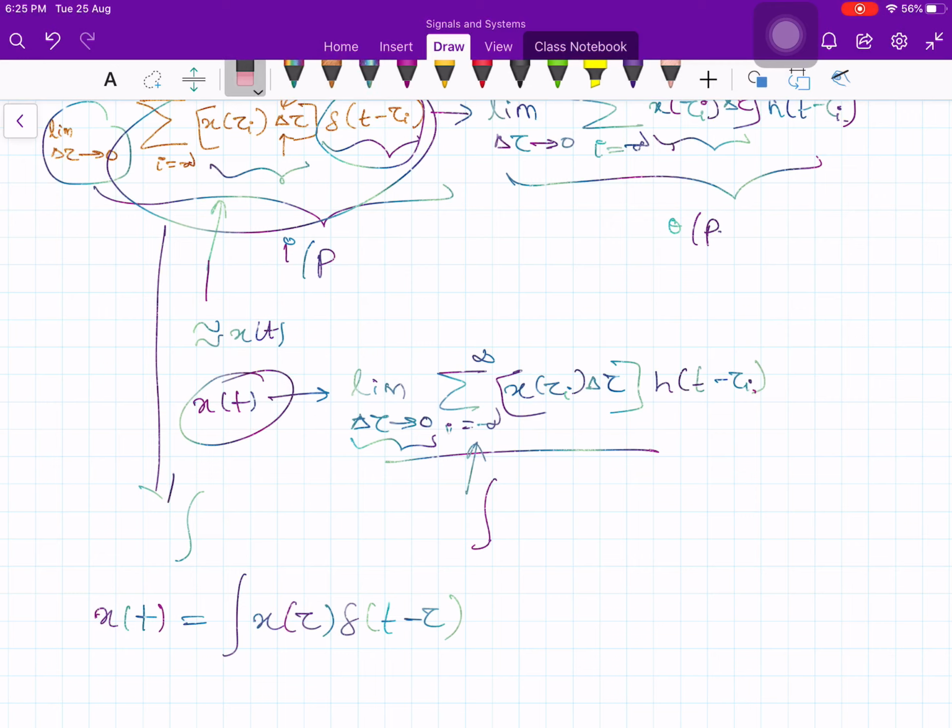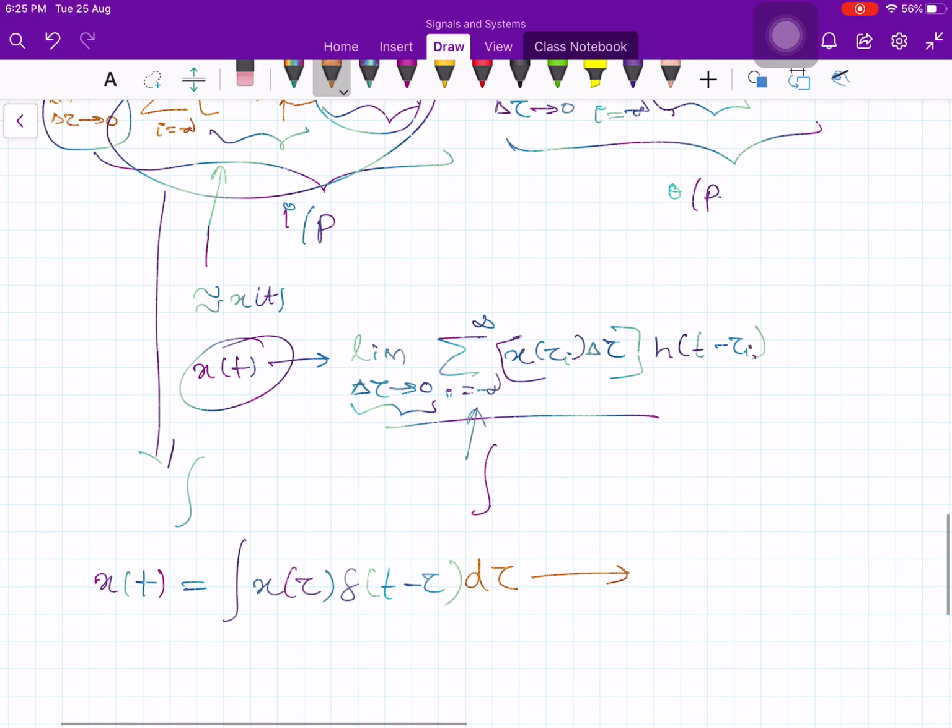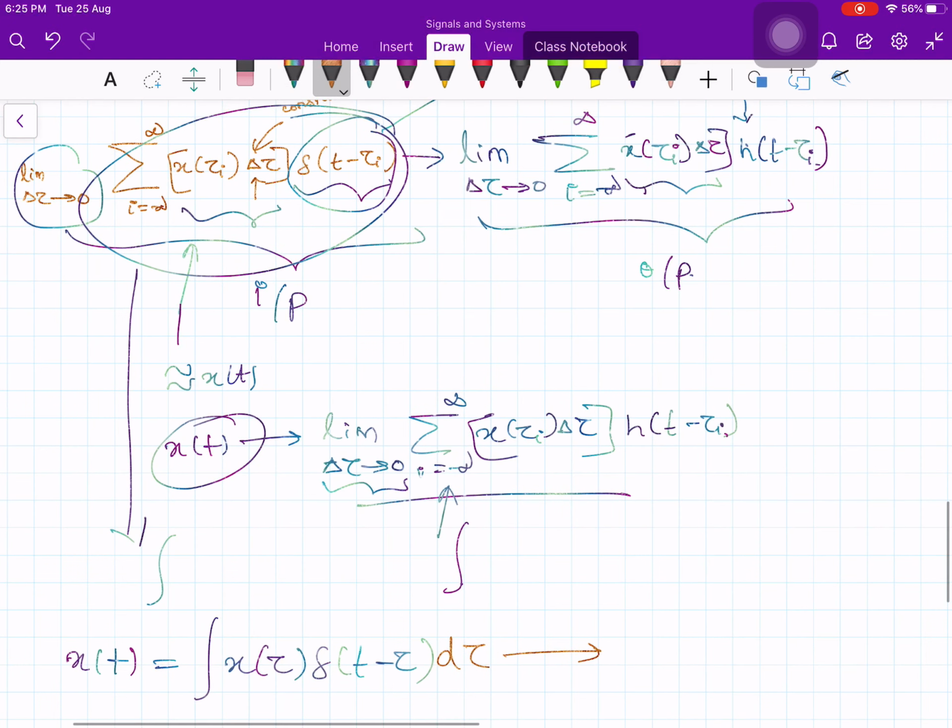If we give this to a system, then it is going to be x of tau, then h of t minus tau d tau, and this is essentially x of t.